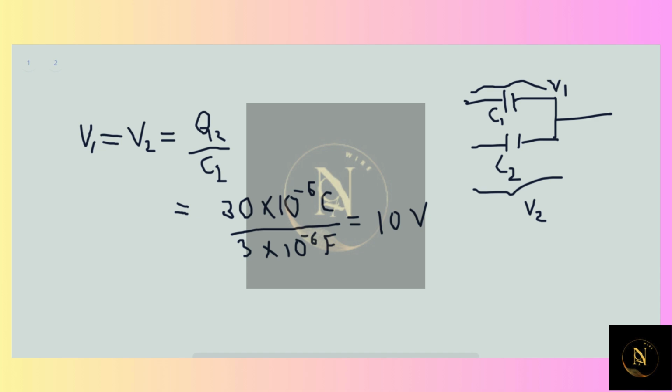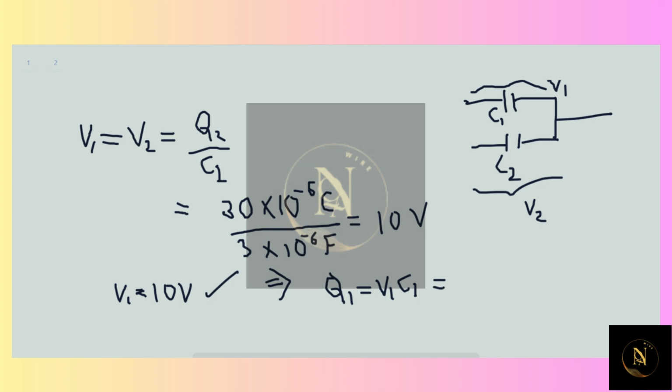So we found the potential across each of the capacitors, V1 and V2. Across V1, the potential we have found to be 10 volts. Once we know the potential across a capacitor, we can always find the charge on that capacitor. So the charge on capacitor C1 is simply given by Q1 equals V1 times C1.